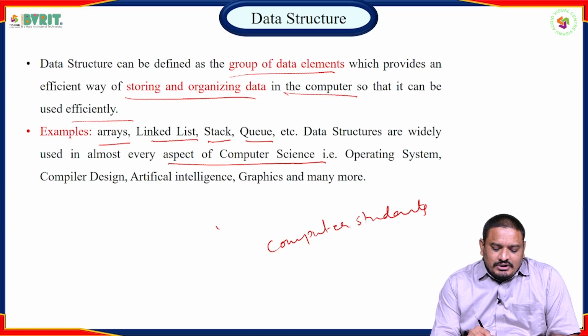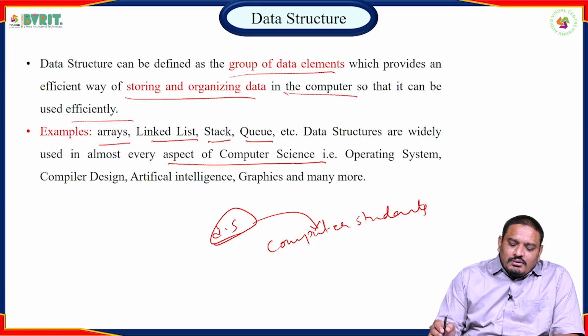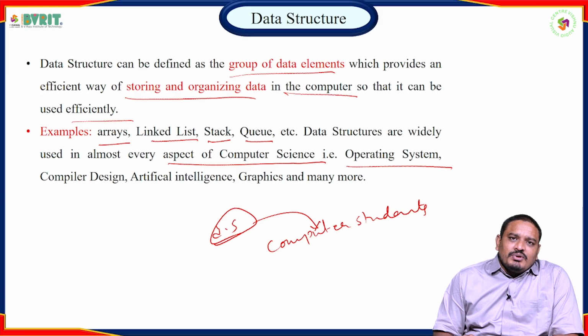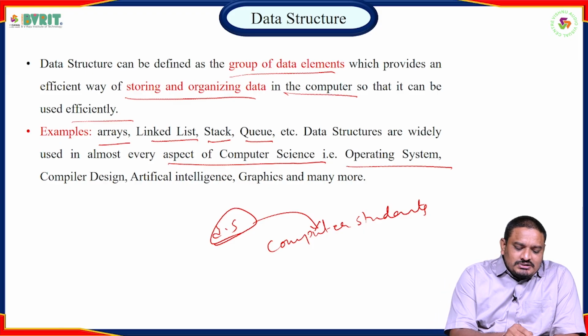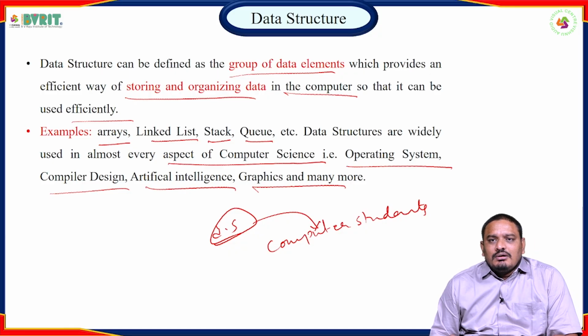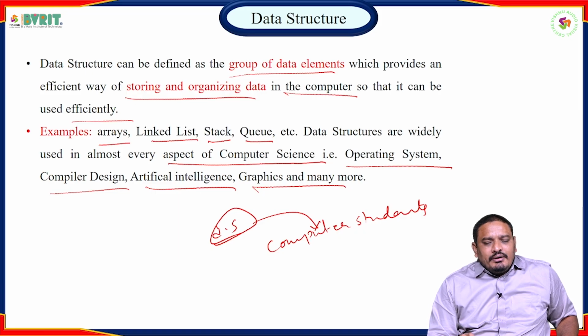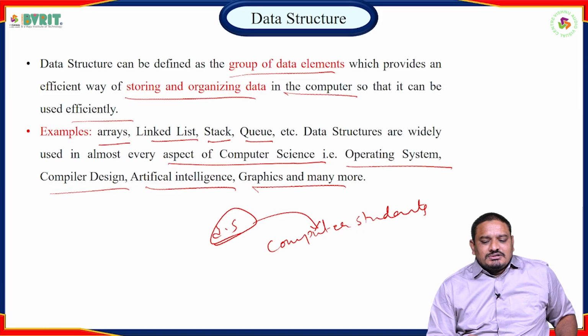Without using data structures, we cannot do anything related to computer science. They are also used in operating systems, compiler design, artificial intelligence, graphics and many more. This is the definition and examples of data structures.